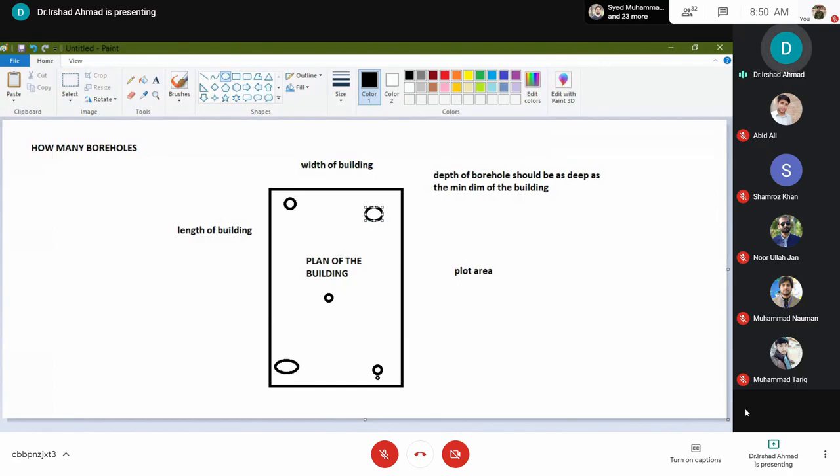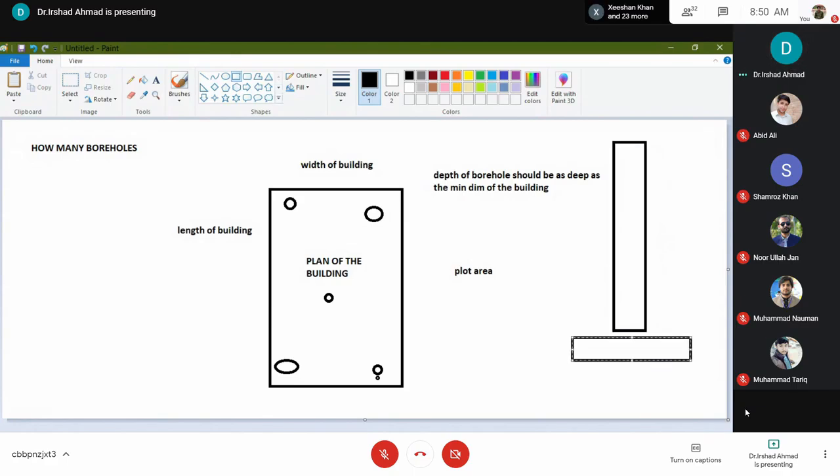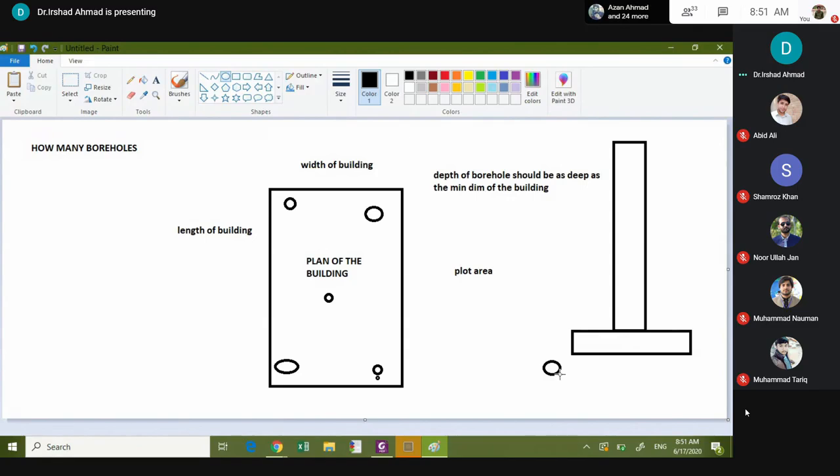But if you have a tower like this, okay, if you have a long tower and a foundation beneath it, in this case, because the whole load is concentrated at one point, you may need a single borehole here, for example, at this location or somewhere close to it.